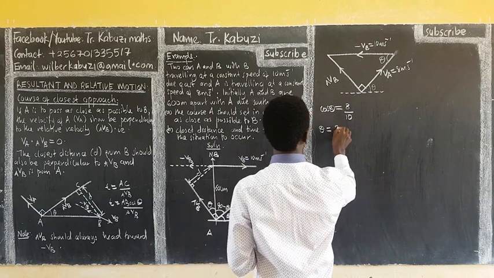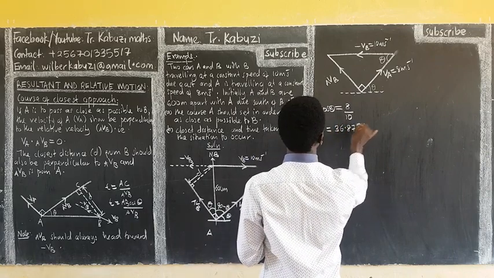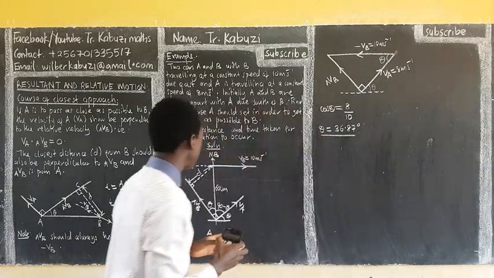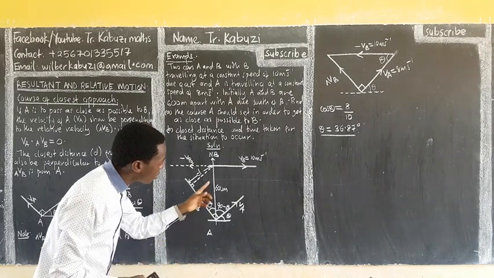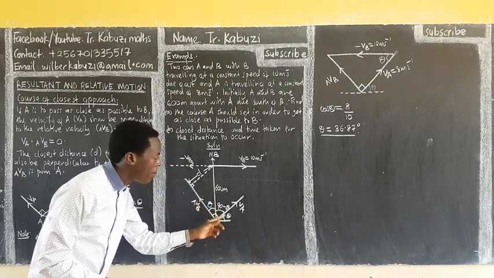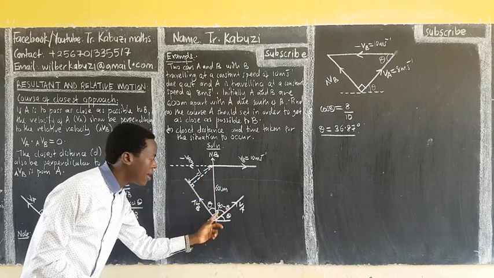so it's going to give me 36.87 degrees. Now, this is theta here. You know that my cos is always, this is the cos I'm going to set, this one from here. So my cos, we already set it from the north. So this is the cos I want to set.